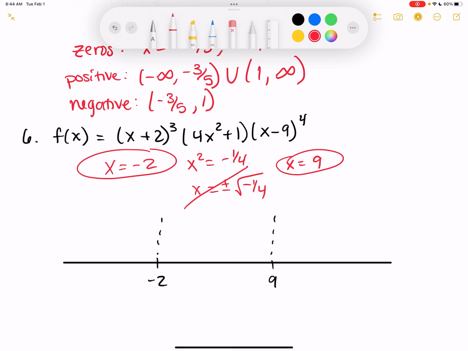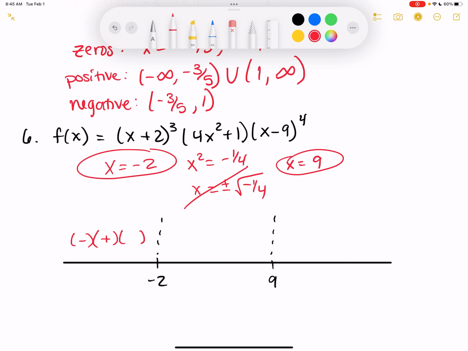And with these, when we go to plug in a number, keep in mind that these powers are outside. That could potentially change the result from inside. So let's say negative 3 for the first one. Negative, positive, positive.